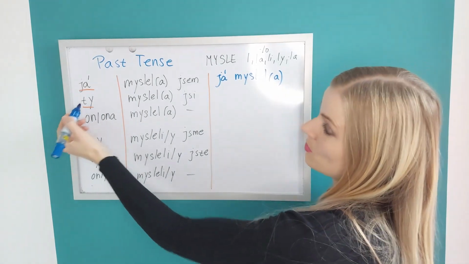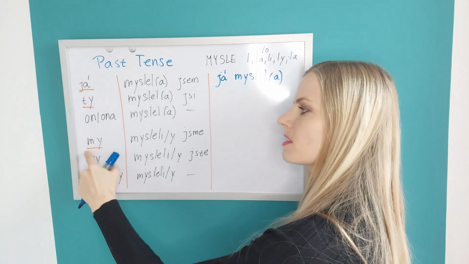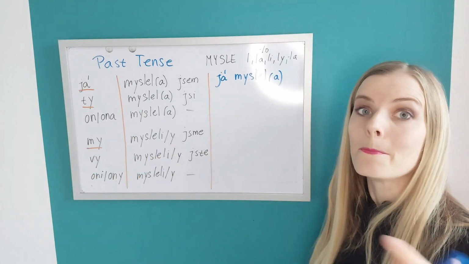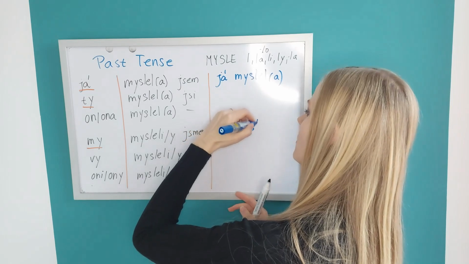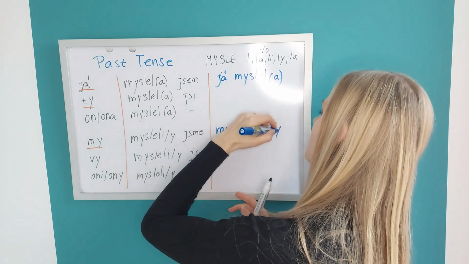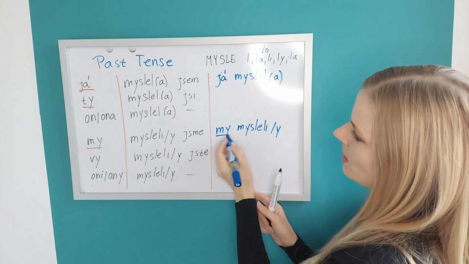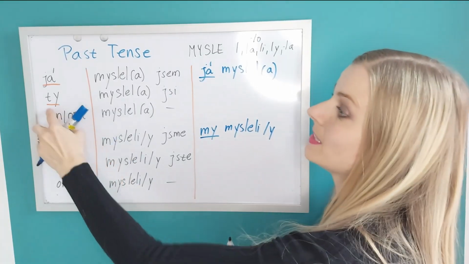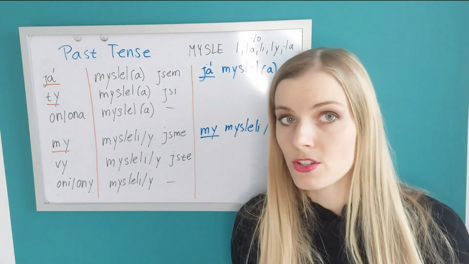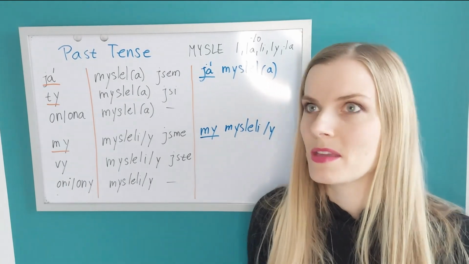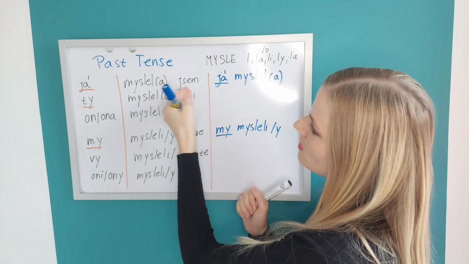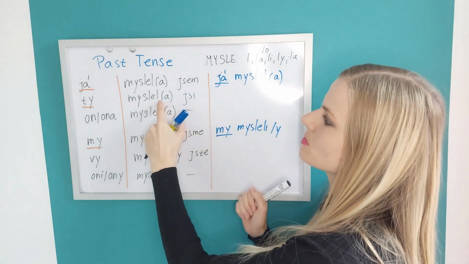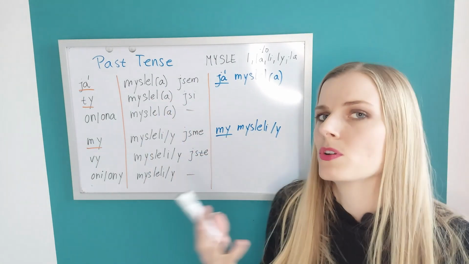And what can we do here? Now we do the same thing right here with the pronoun my. We say my, mysleli. We leave out the auxiliary verb and we add the pronoun. And ty also has a change, an interesting change, but it's not the same. We contract these forms, jsi, we only use s from it and then we use it together with the verb, that's one option.